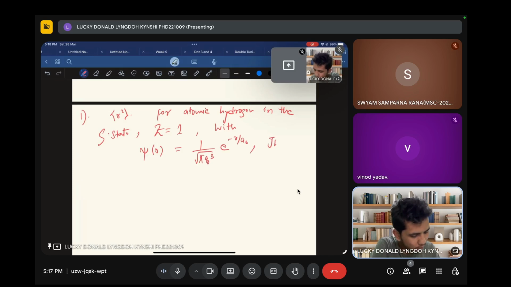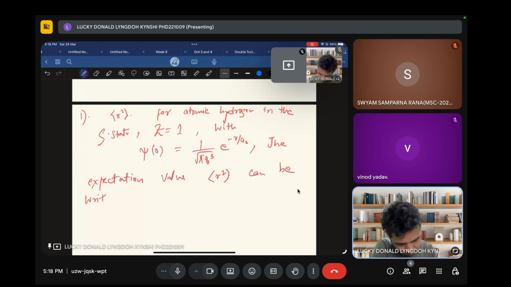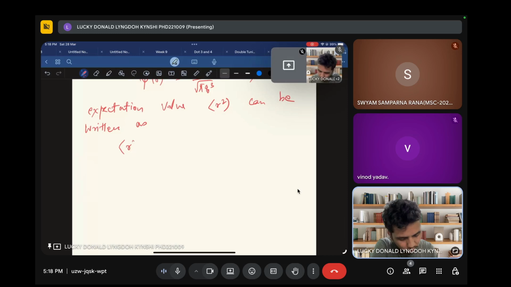The expectation value of r square can be written as the integration of the wave function psi complex conjugate, r square and psi dv. This psi is a function of r.